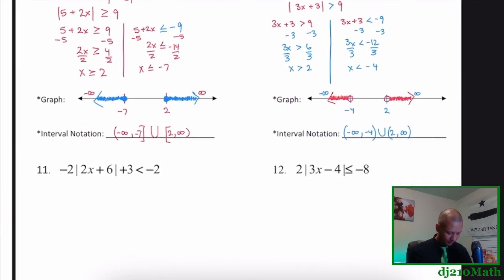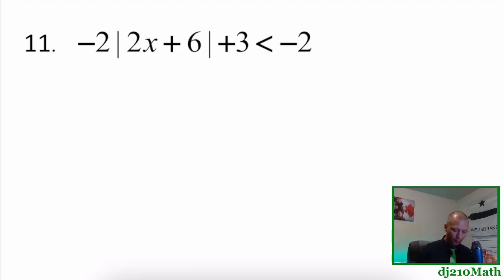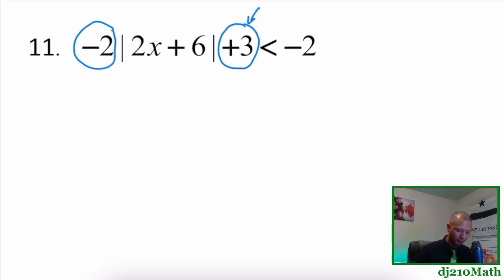Okay. Almost done. Second to last. Number 11. Okay. This one has everything, right? It has everything. So whenever you have something multiplied and something added or subtracted, it's best to handle the add or subtraction first.